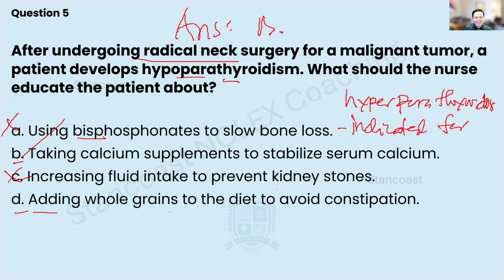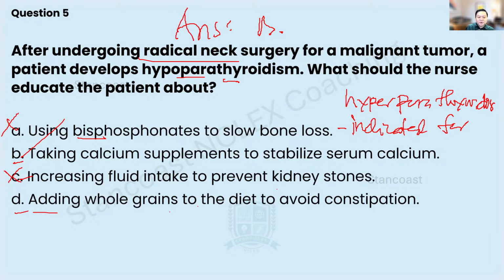Letter D, adding whole grains to the diet to avoid constipation. Remember, guys, that constipation is the manifestation when there is excessive calcium in the blood, right? So this is not going to be necessary this time. This is going to be counterproductive for someone that is having hypoparathyroidism, okay?